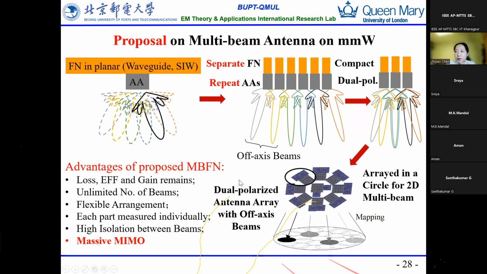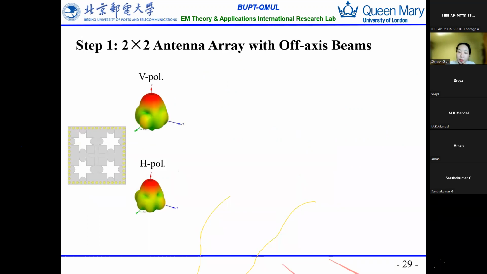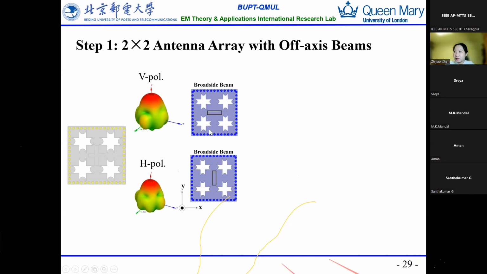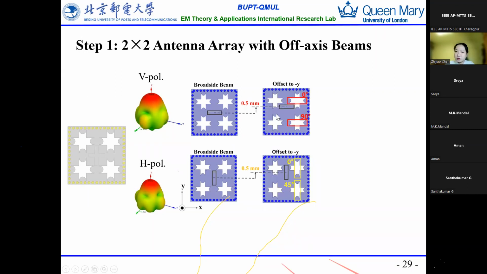So the problem is, how can we design this dual polarized antenna array with off-axis beams? We can come up with the previous design, and I do a very simple trick to offset the feeding slot to one side. In this way, the opposite slots have a phase difference of 90 degrees when offset along the y-axis, or 40 degrees for the edge polarization.